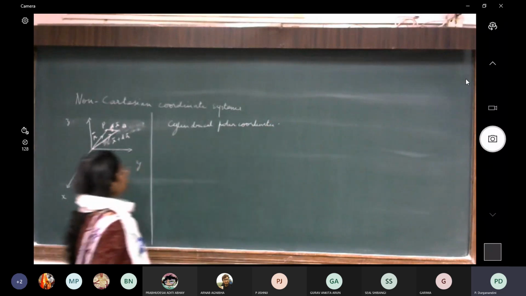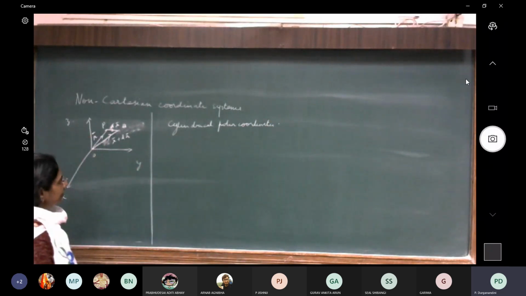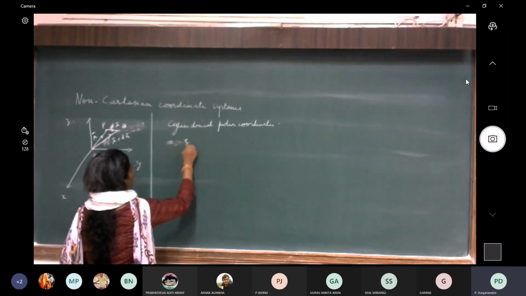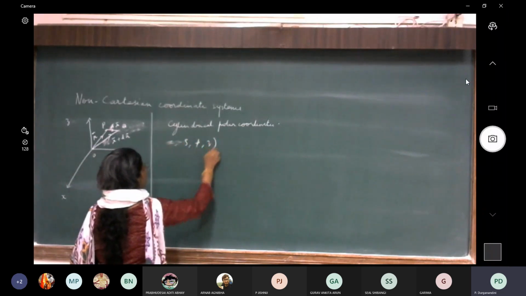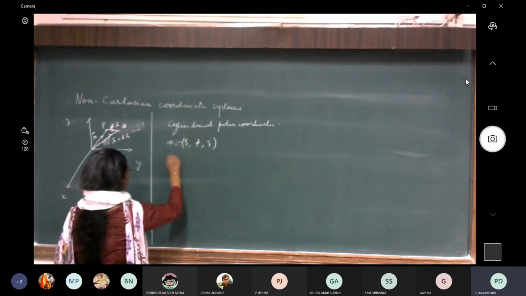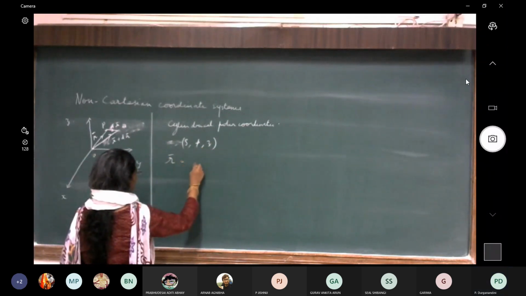Let's consider these as our non-Cartesian or curvilinear coordinates. So instead of x, y, z, we have gone from x, y, z to rho, phi, and z.